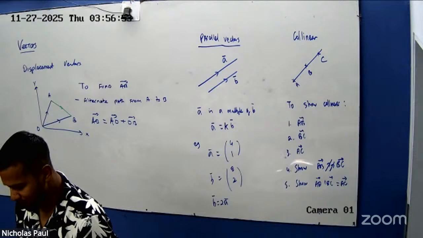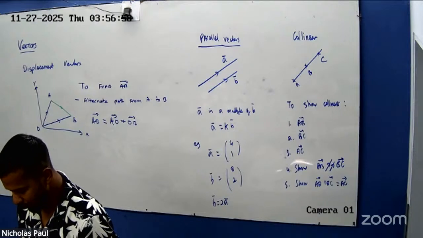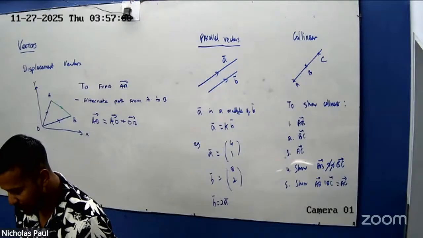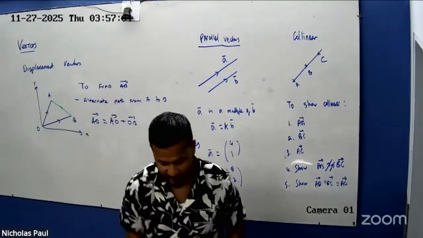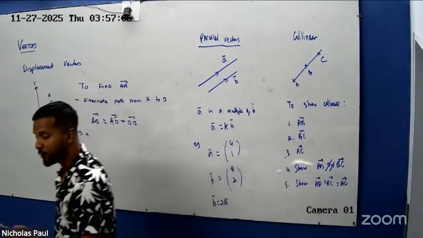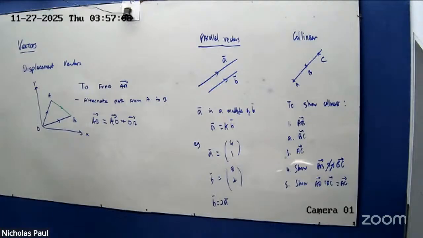Go on topic by topic and then click on vectors. Click on vectors and let's do the first one there. I will draw part of it here, but the question is on that, right? So page 187.